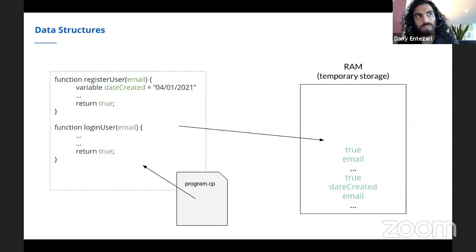Without data structures, you will not be able to read and operate with the contents of the algorithm. So for example, the email with which the user created their account, the date at which their account was created, whether their account was successfully created or not, their first name, their last name, all of these details, you will not be able to manage without this thing we call a data structure.